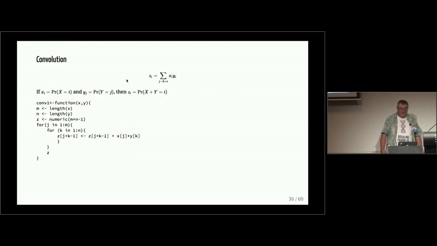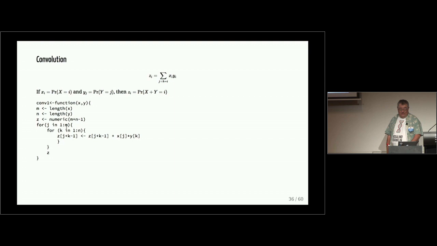So here's one of the classic examples, convolution. You've got two sequences and you want to find the convolution of them, which is that thing. It turns up in a number of areas in probability and time series and so on. It is an actually interesting operation. Here's the basic R code that just translates this formula.